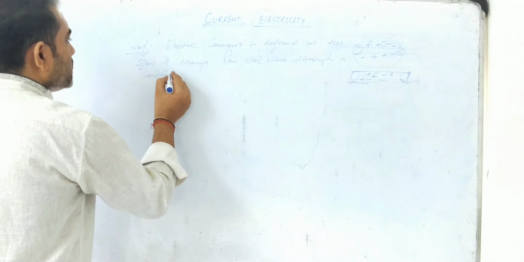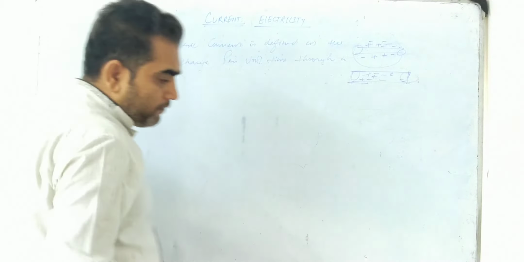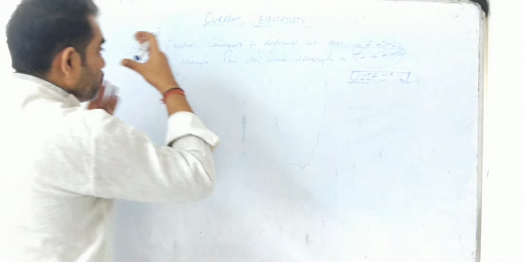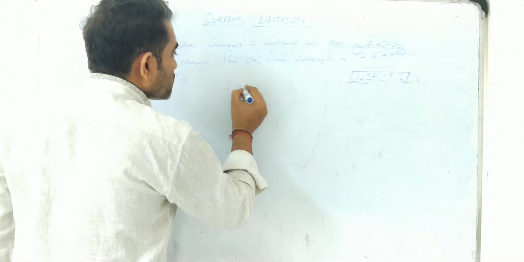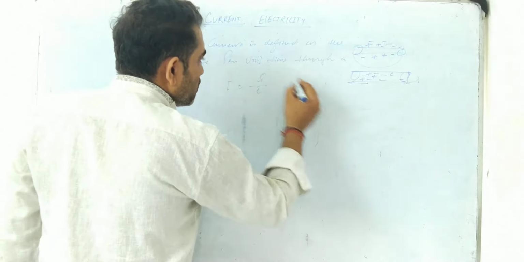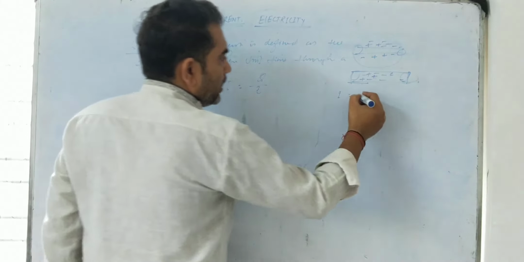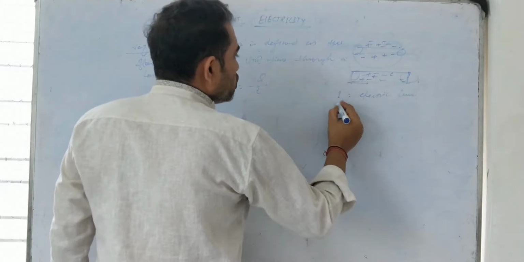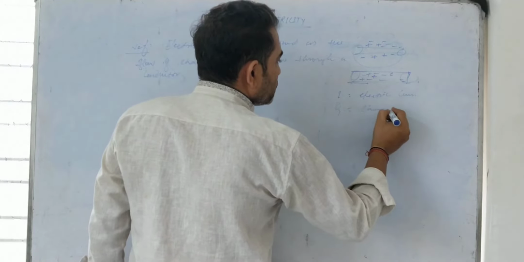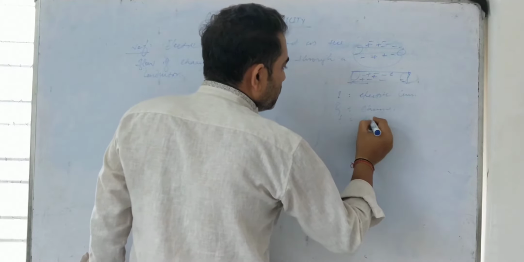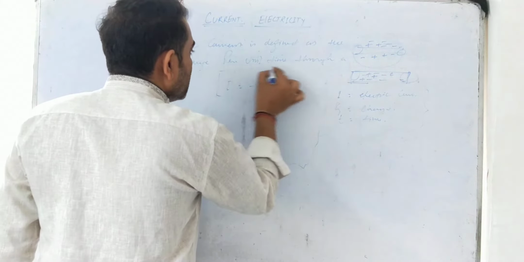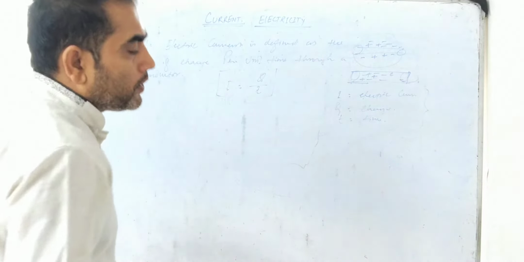That means if charge is flowing through a conductor, that is said to be the electric current. Mathematically it is represented as I equals Q by T. Here I stands for electric current, Q stands for charge, and T stands for time.